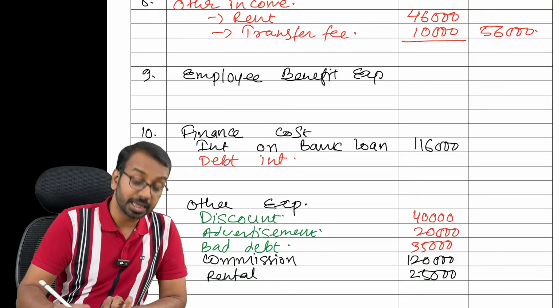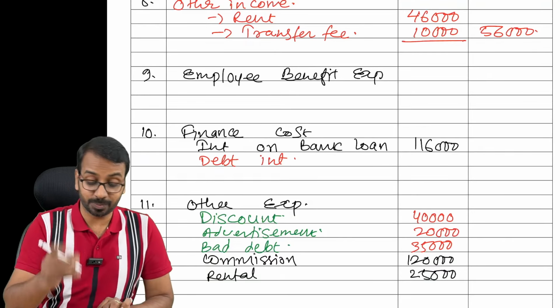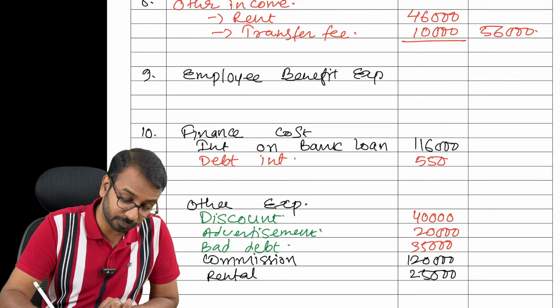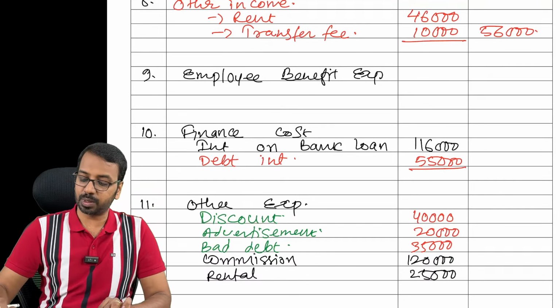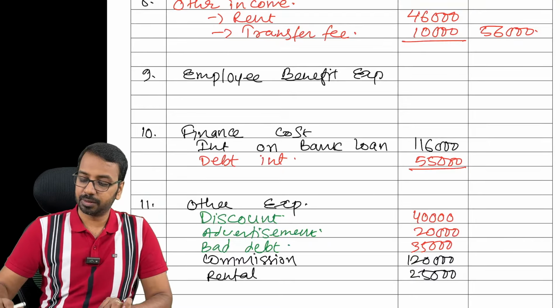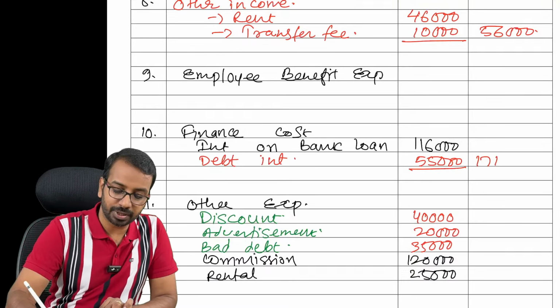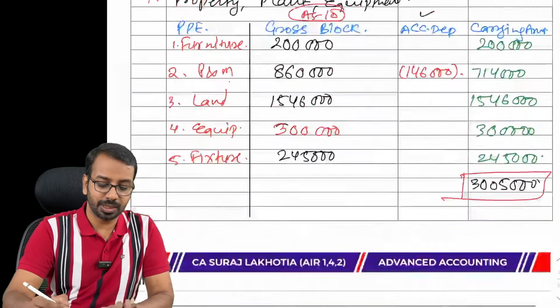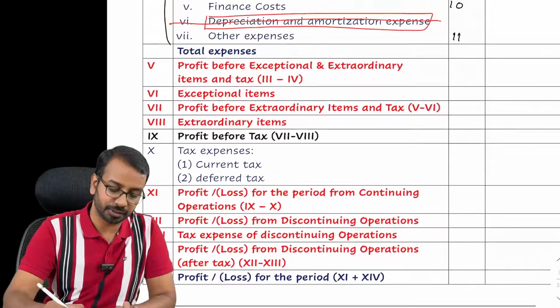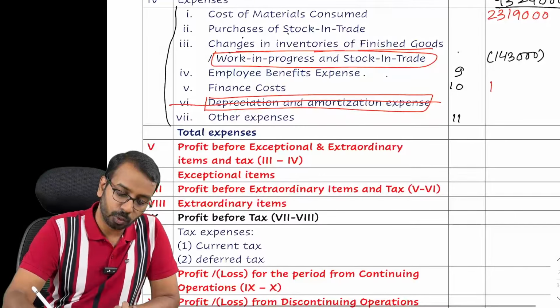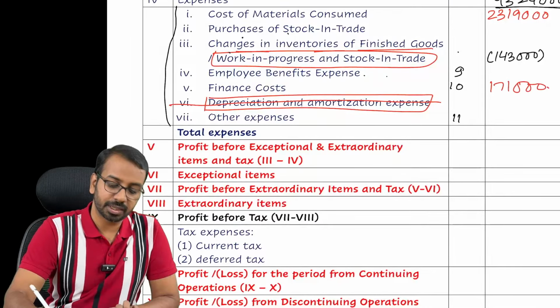For debenture interest, please keep in mind there could be a hidden adjustment that you have to consider. So 1,16,000 plus 55,000 is 1,71,000. Post this immediately in the P&L so that you don't forget. 1,71,000.